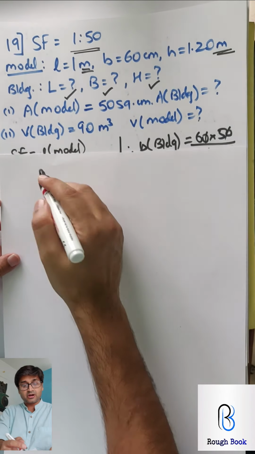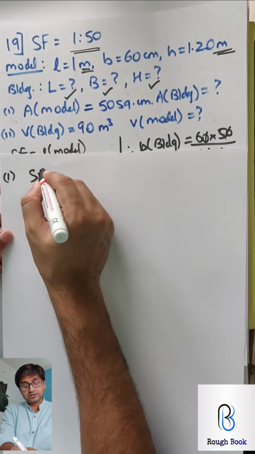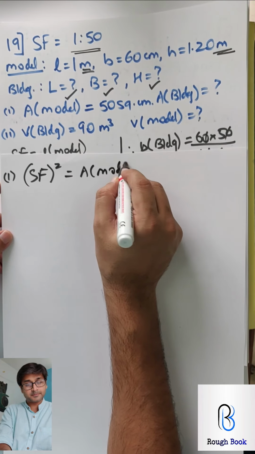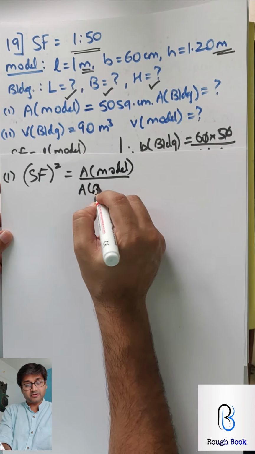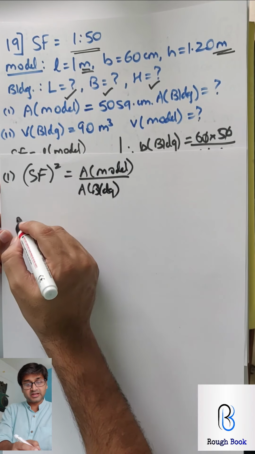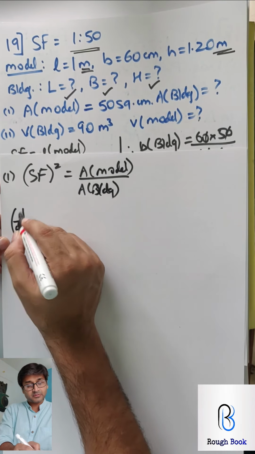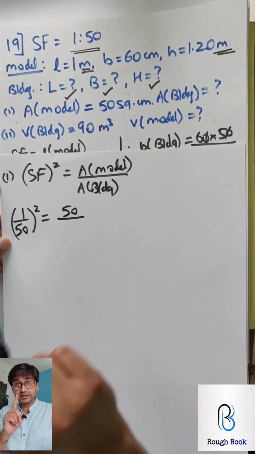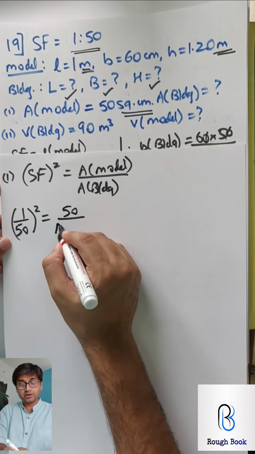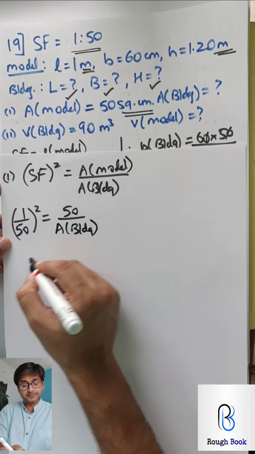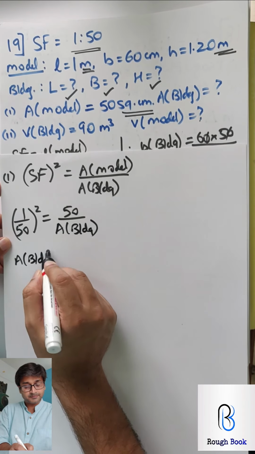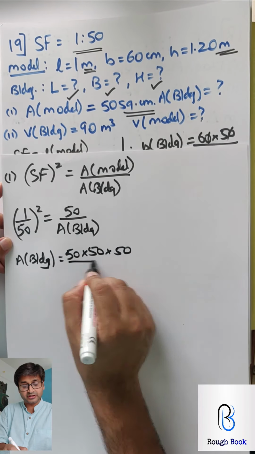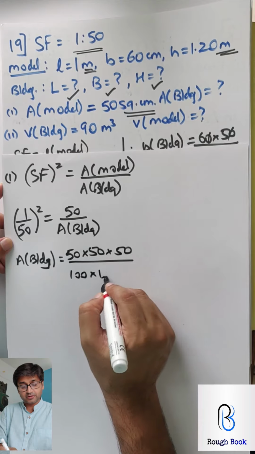Everyone, so area of the model. This is part 1 now. So scale factor, since it's area, you square it. Area of model upon area of building. So scale factor 1/50, the whole square. Area of model 50 centimeters square. So remember to convert, don't forget that. So area of building will be 50 into 50 into 50 centimeter converted to meter.